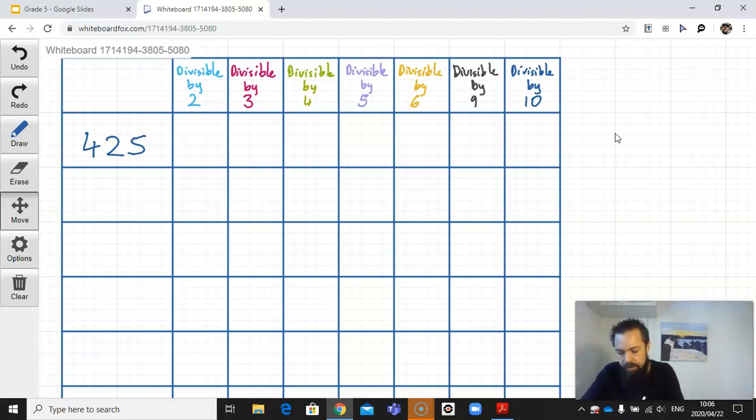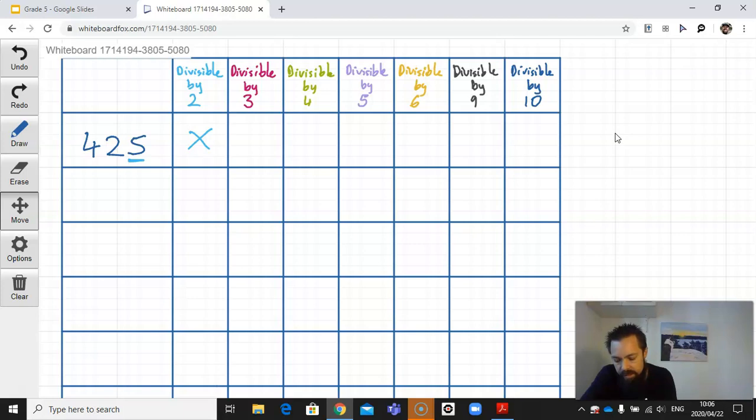Right, so looking at 2, our rule for 2 is we need to look at the last digit and see whether that is divisible by 2, or if it's 0, 2, 4, 6, or 8. It's not, so 425 is not divisible by 2. Let's have a look at 5.